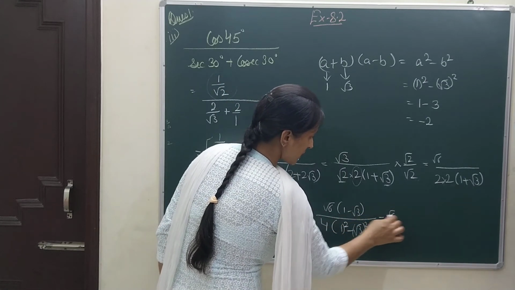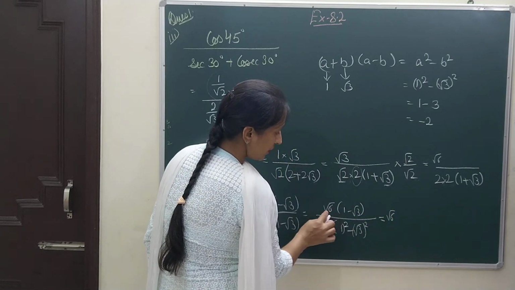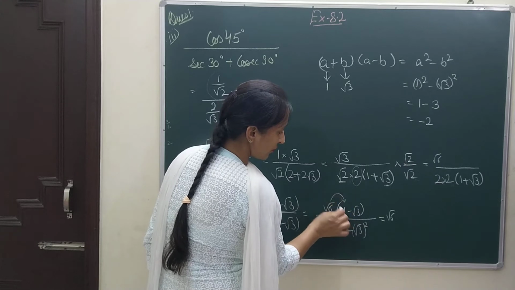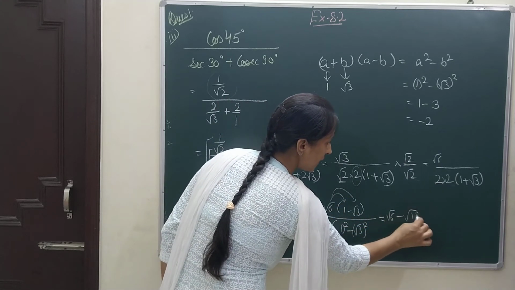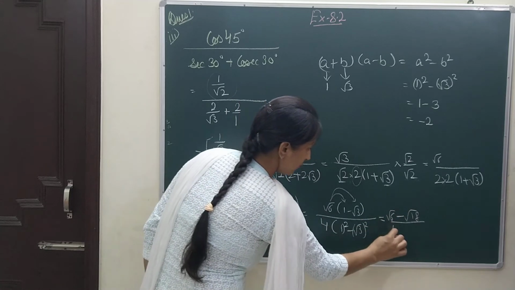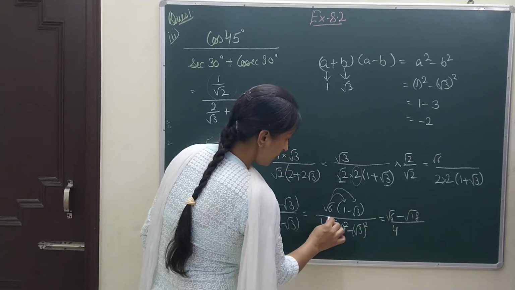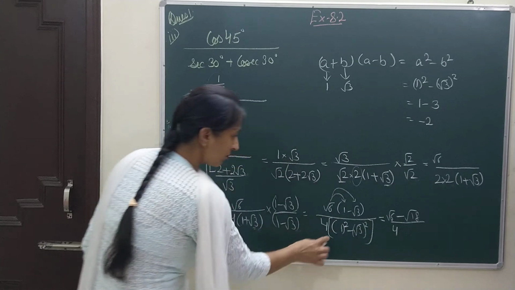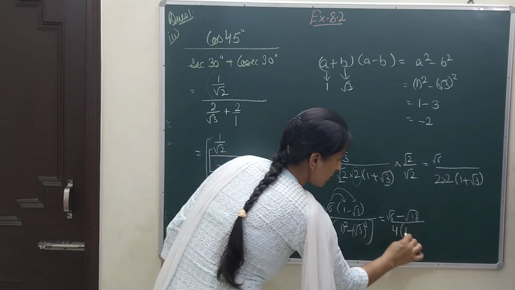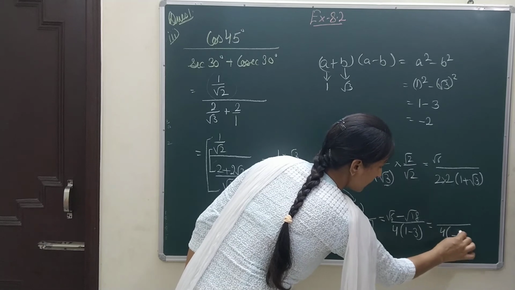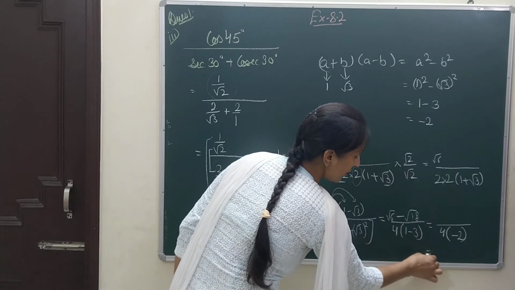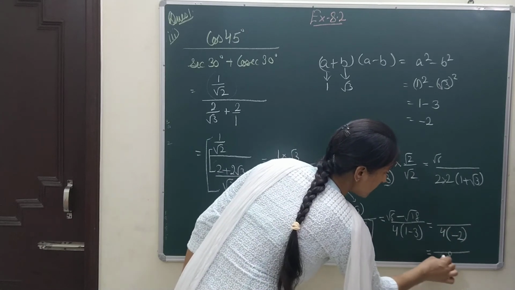Then root 6 will be multiplied with the first term and the second term. It will be root 6 minus root 18 over 4 outside, and in the denominator it will be 1 minus 3. It will be 4 times minus 2, which will be minus 8.